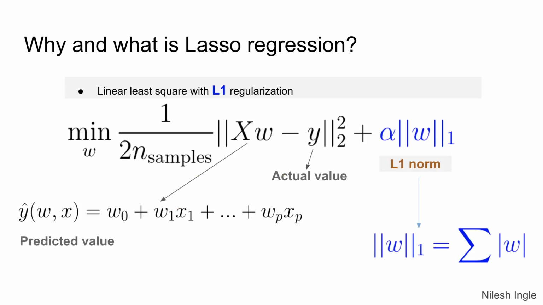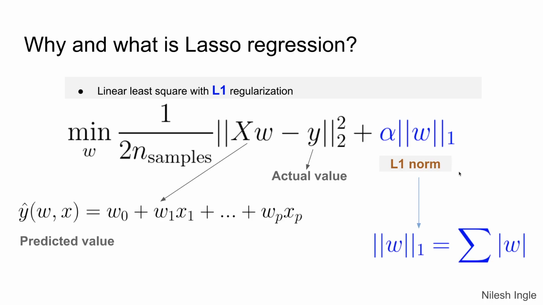And here is the objective function for the lasso regression, which is minimized for W, and this is similar to what we have seen before. Here there is this particular part, where we are taking the mean, dividing by 2 times the number of samples, and the L1 norm that is added here is the regularization term for L1 regularization, shown here in blue.